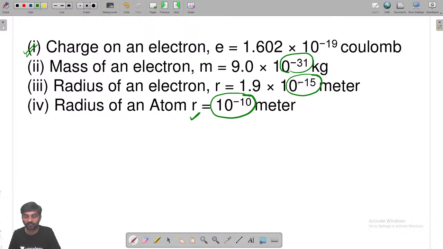So the mass of an electron is always negligible.